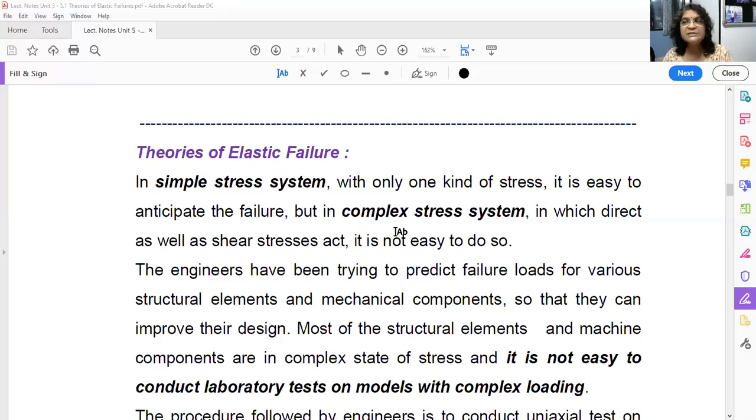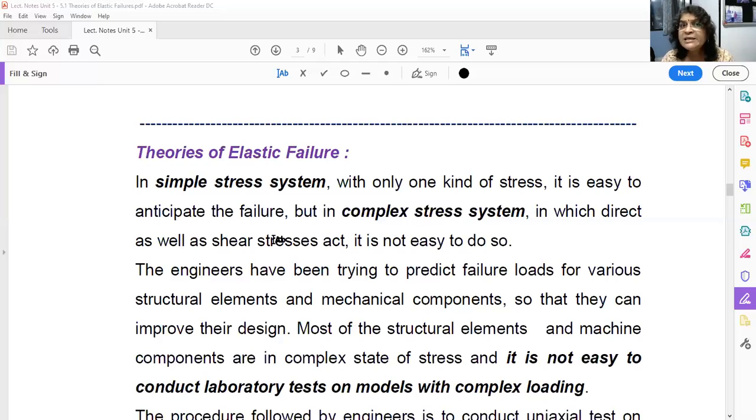Complex stress system means in that component two or more than two kinds of stresses are simultaneously induced. Means tensile stress is also present, and suppose shear stress is also present. So that system is known as a complex stress system.